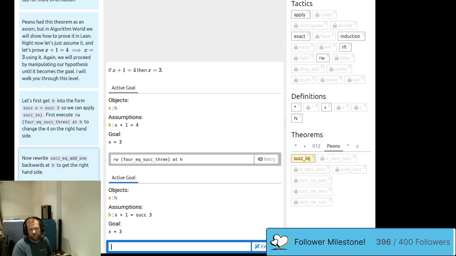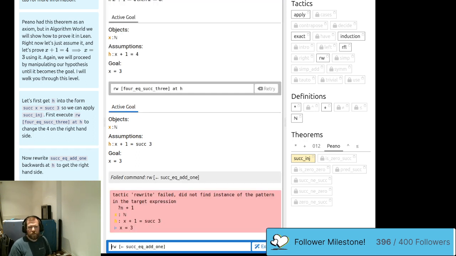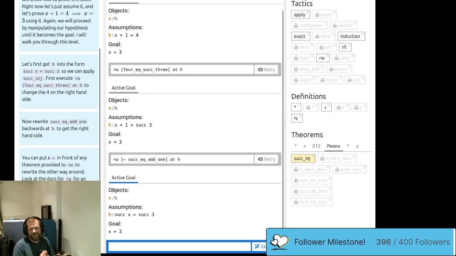Okay, yep, right. So combine x plus 1 into successor x. So rewrite successor equals add 1, but this has to be backwards. So we do a backslash L. Nope, \L. At h. There we go.